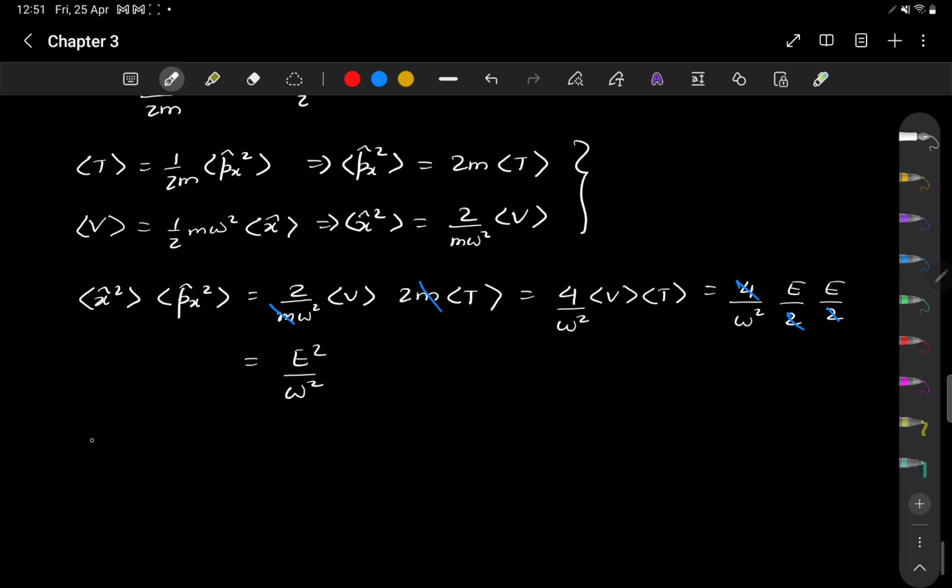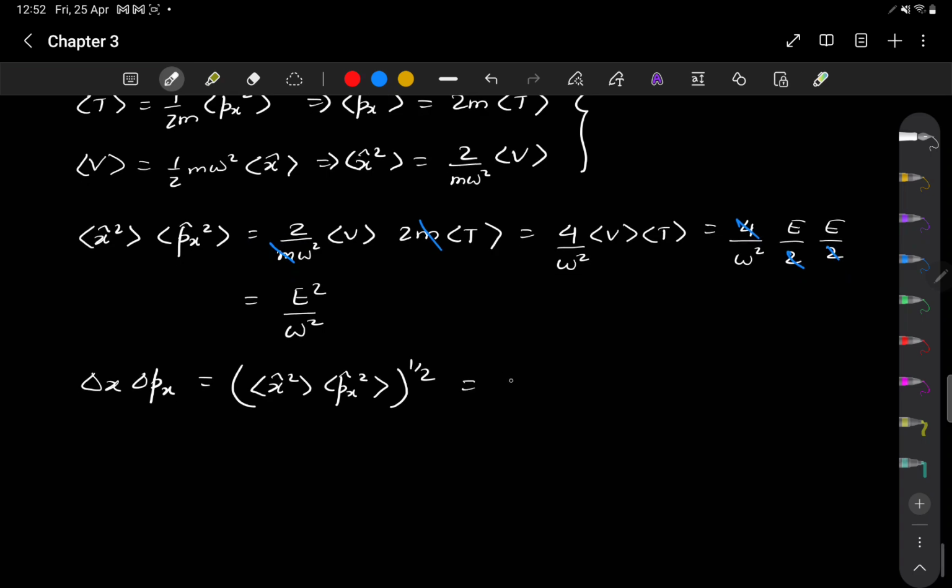Or rather, first let us look at the uncertainty product. The uncertainty product is nothing but the square root of the above. It is the square root of the following. This square root, from the above, is nothing but E over omega, and E is nothing but (n plus half) h cross omega, over omega.